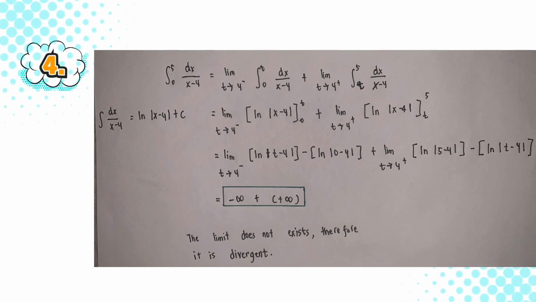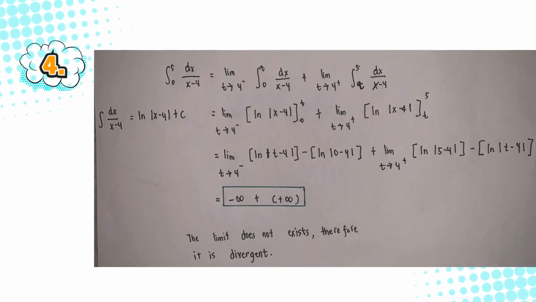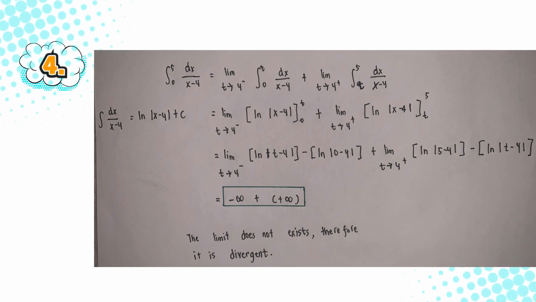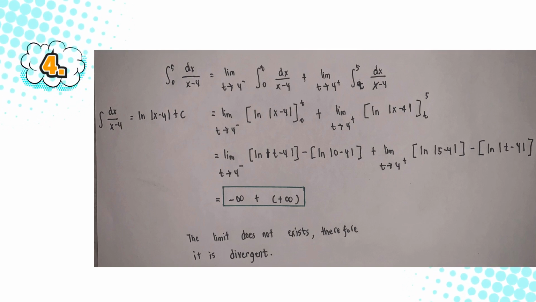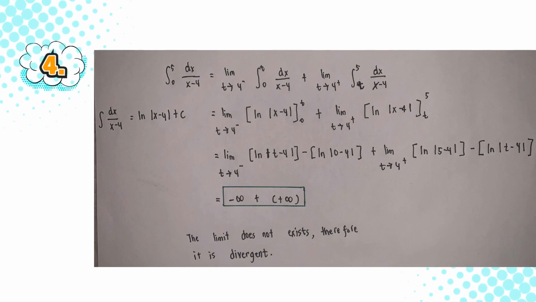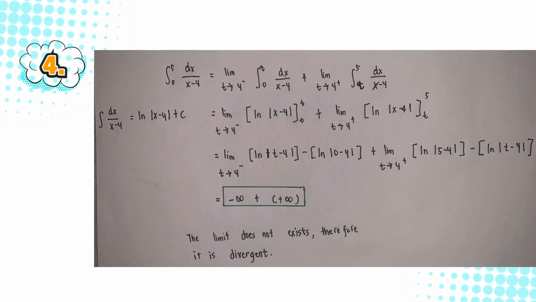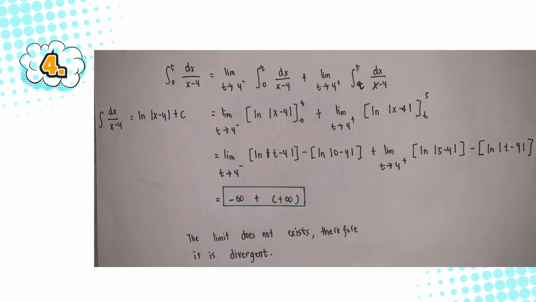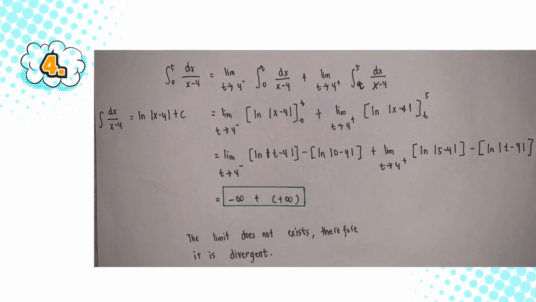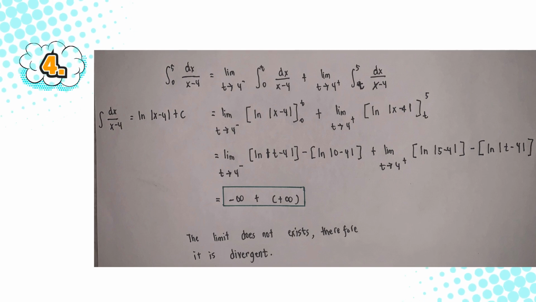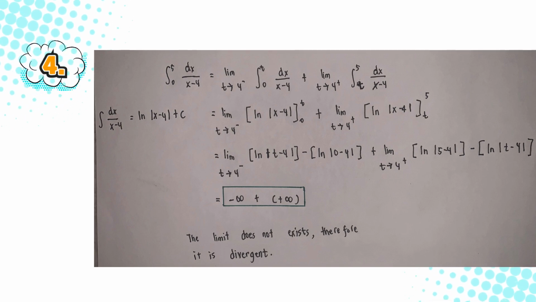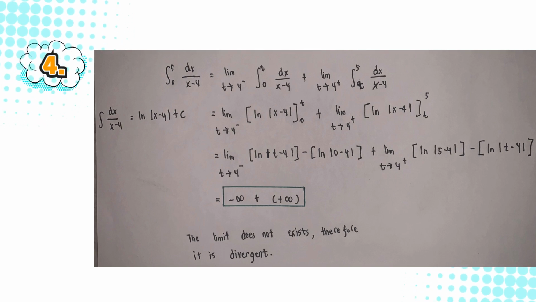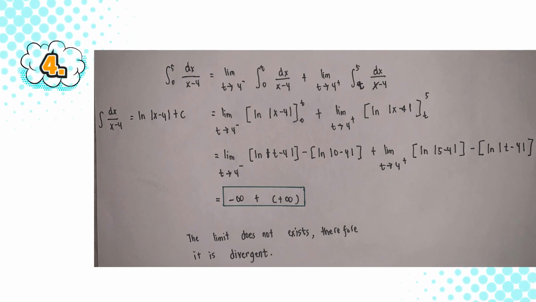That is the limit of ln of the absolute value of t minus 4 minus ln of the absolute value of 0 minus 4 as t approaches 4 from the left, plus the limit of ln of the absolute value of 5 minus 4 minus ln of the absolute value of t minus 4 as t approaches 4 from the right, and that is equal to negative infinity plus positive infinity.